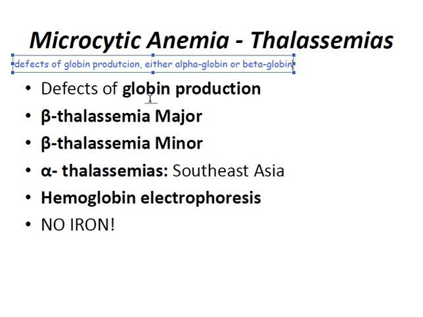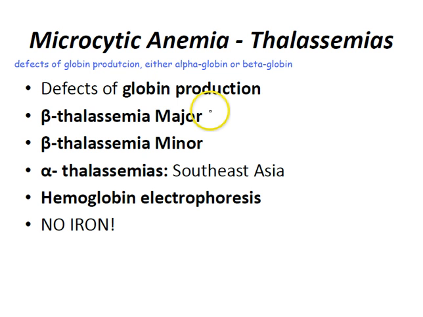Now, beta thalassemia major's genotype is as follows. The beta naught means it's an absent beta hemoglobin synthesis, and the beta plus means it's a reduced beta hemoglobin synthesis.